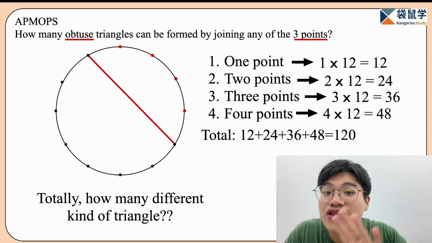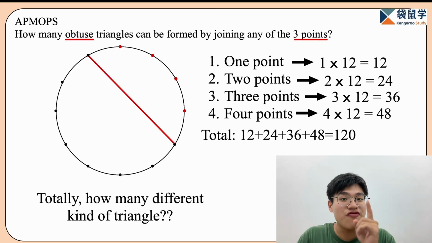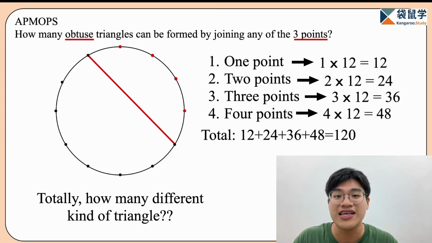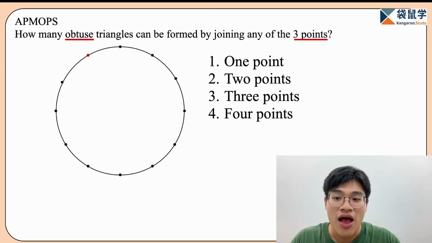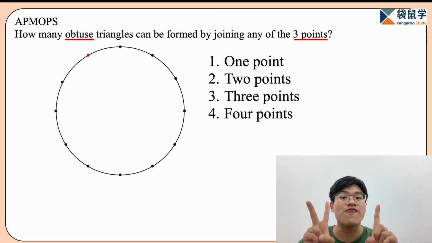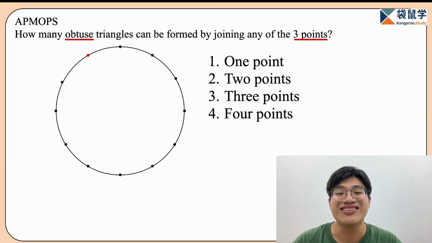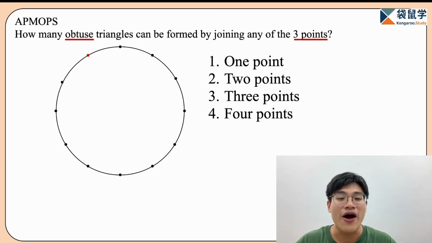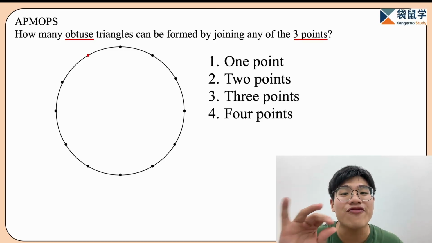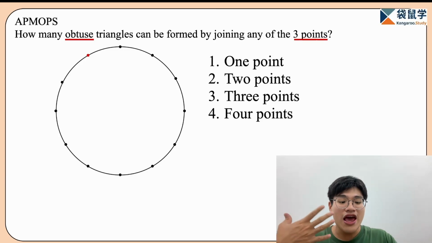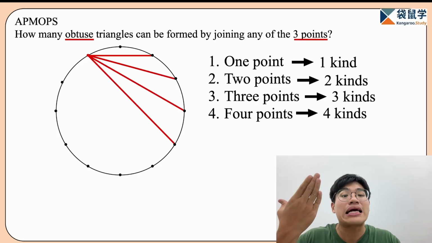Now, this is one method to do this question. Let me tell you another kind of method. Or if you have any idea, pause the video and try to think about it for yourself. Okay, let's dive into another method. So we know that there are 12 points on the circle. And with this point, let's start drawing lines from 4 different scenarios. If I list it out, it will be like this.